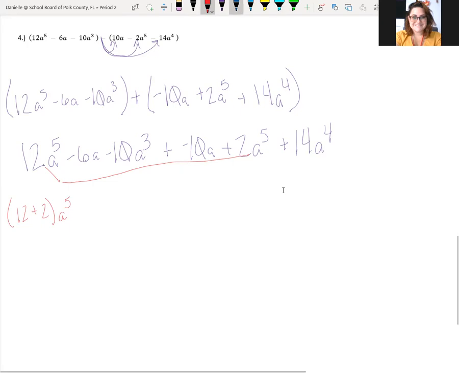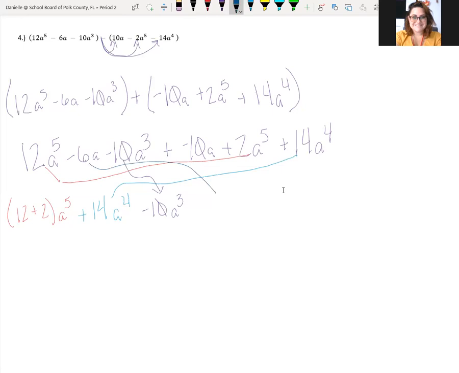And then we need to find my a to the 4th because that would be coming next, which there's only one. A to the 3rd will be next, which again, we only have one. We have no a squared, so the last thing we need to do is negative 6 minus 10a.